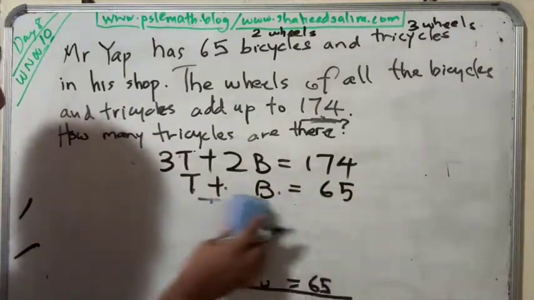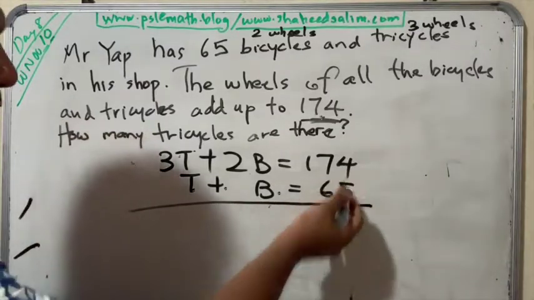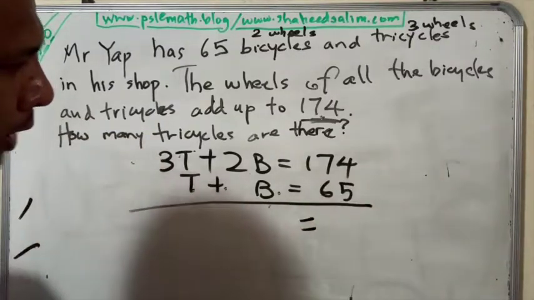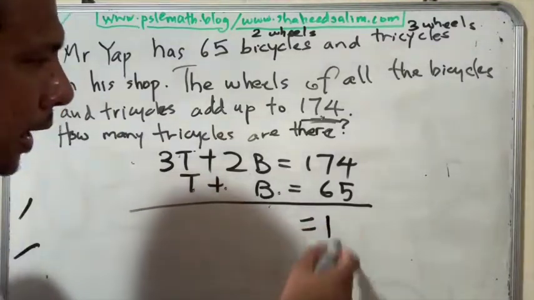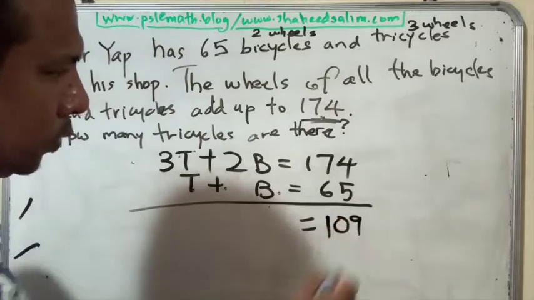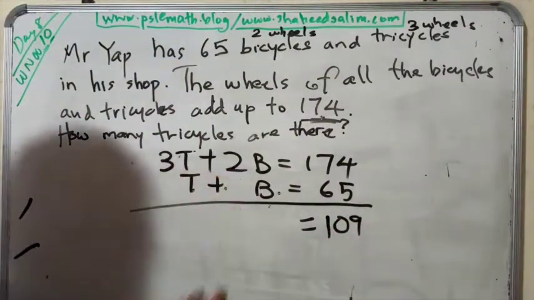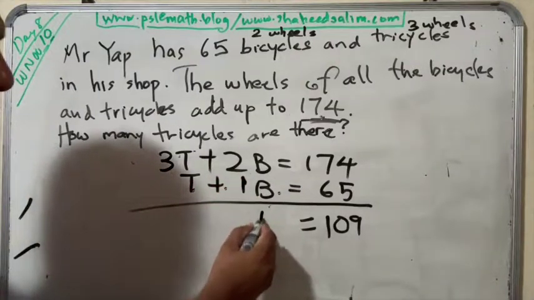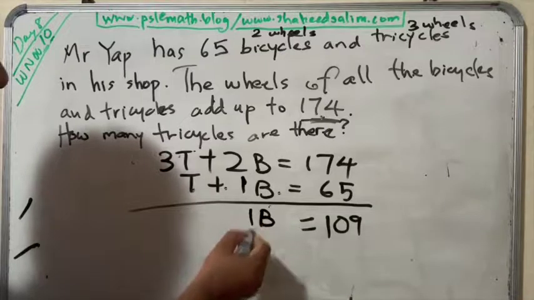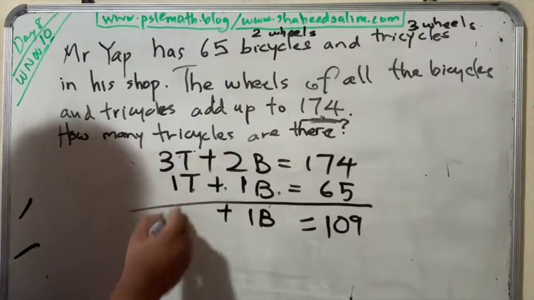I take the top minus the bottom. Alright, what do you get? You get 109, is it? 109 plus, yes, 109. 2b minus b. b is considered 1b. 2b minus b, you get b, 1b. And 3t minus 1t, you get 2t.